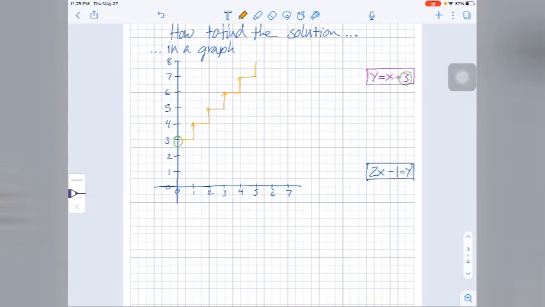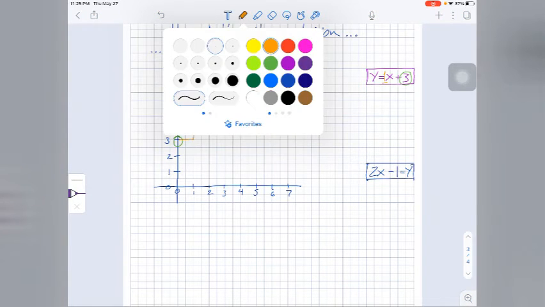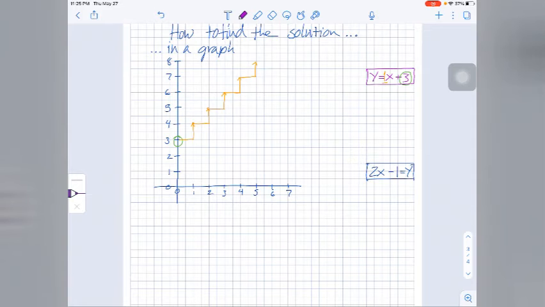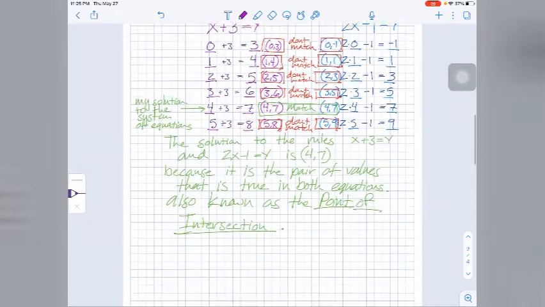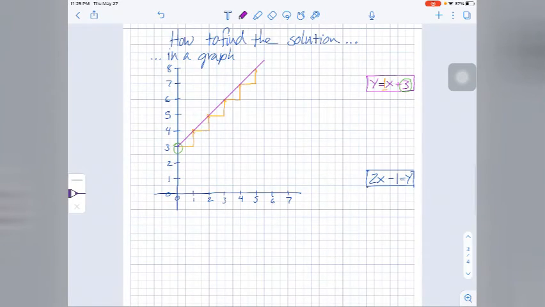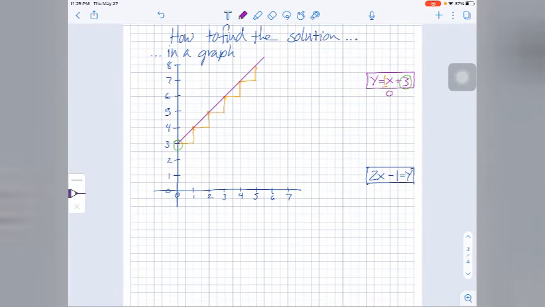Now, I usually don't draw this, but I do want to point out there's a hidden 1 right there. These points match all of our possible solutions from up here. Remember when x is 0, 1 times 0 is 0 plus 3, y is going to be 3.